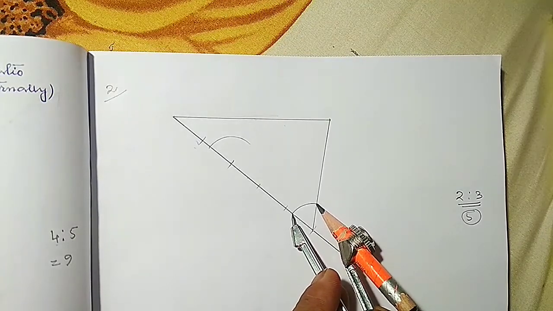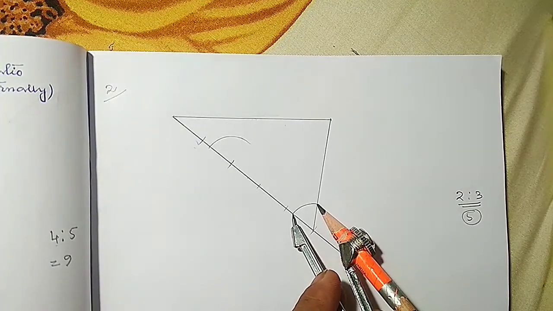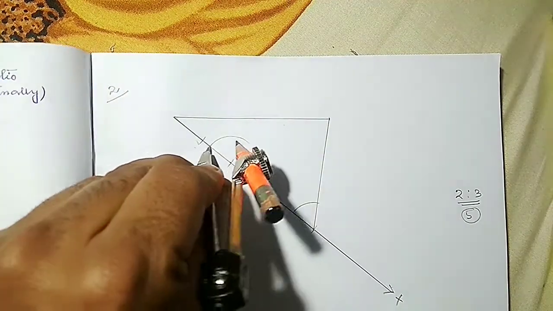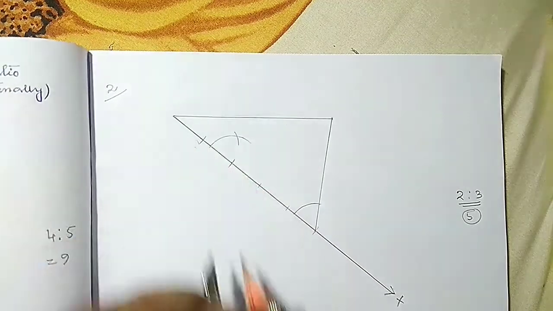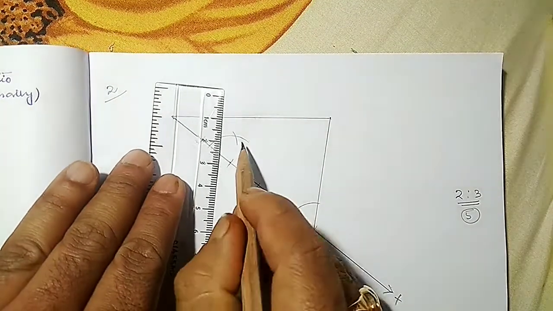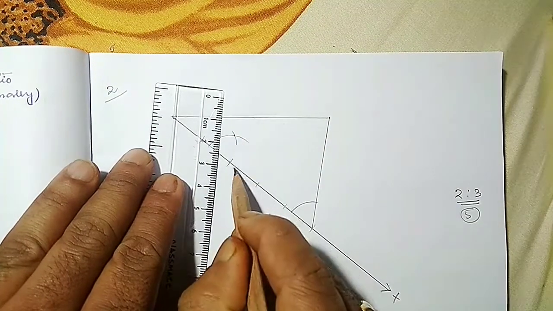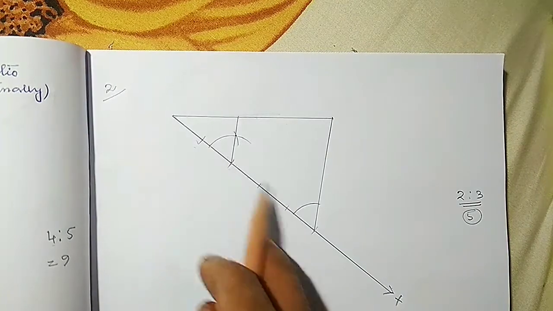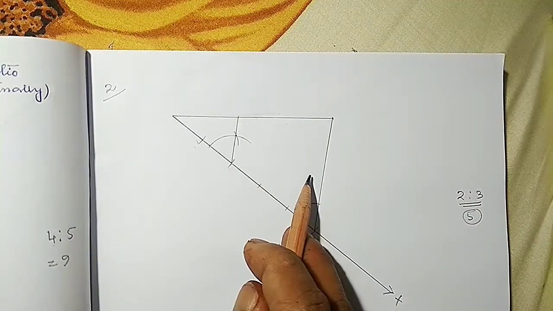You adjust your compass, and with the same measurement, you have to draw an arc from this point and cut here. And in the final step, you mark this point, and this point and this point you have to join. Since these two angles are equal, these two lines must be parallel.